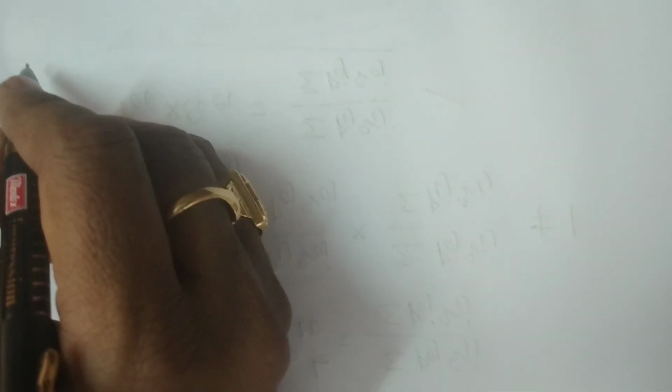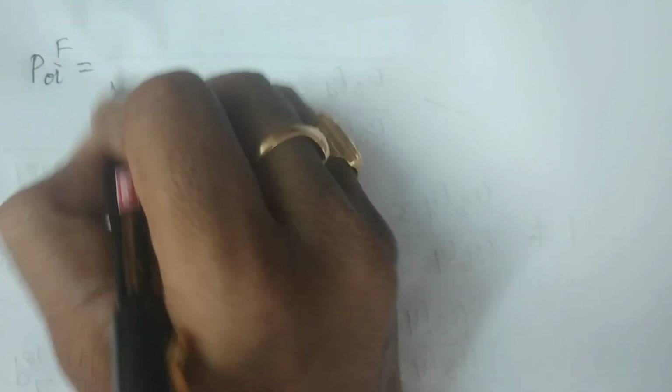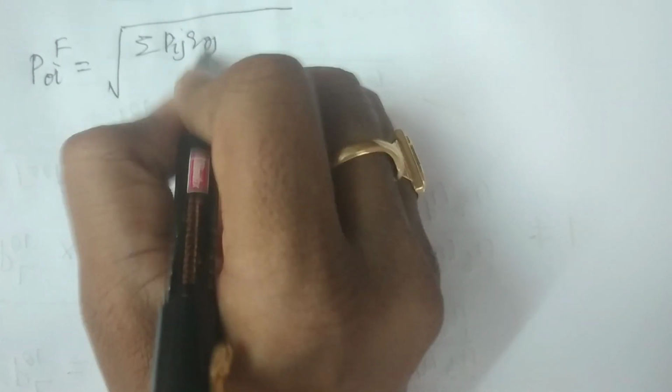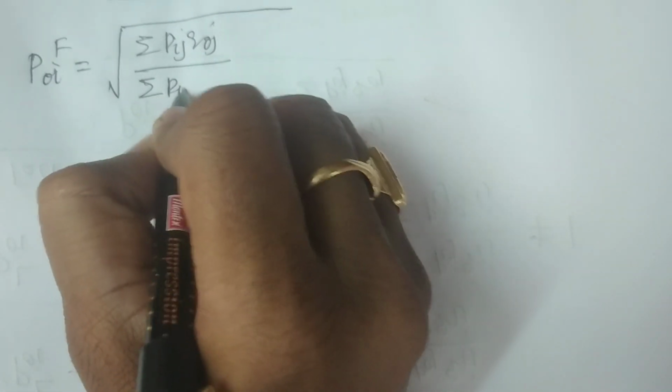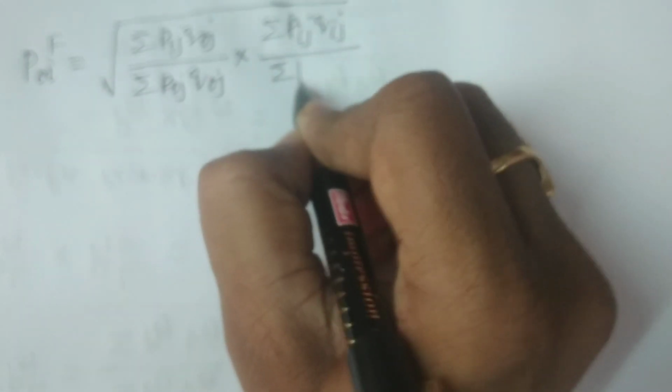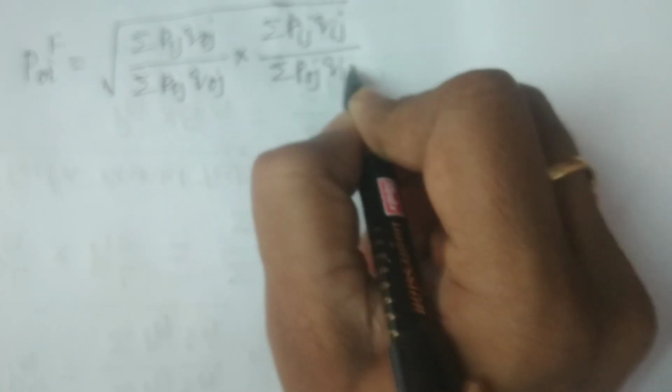You consider the Fisher index number, that is P0i. Is it visible? Right. P0i Fisher is equivalent to the square root of summation Pij Q0j divided by summation P0j Q0j multiplied by summation Pij Qij divided by summation P0j Qij. This is the price index number formula of Fisher.